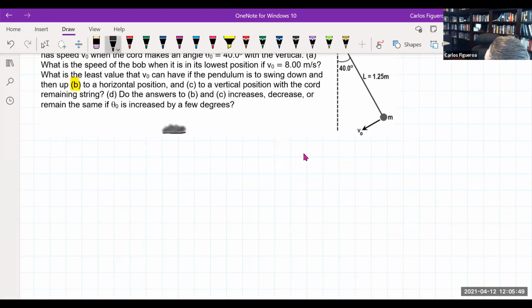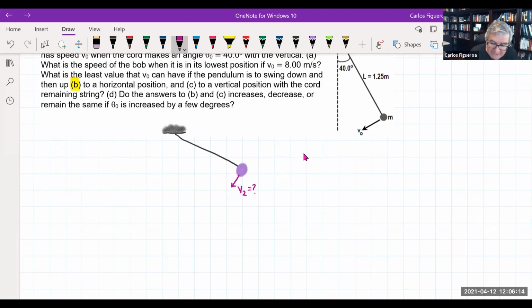And so I'm going to have something that goes like this. And then here's my bob. And what I want to do here is take this thing and push it here. Now I used v initial and then I used v1. So now I'm going to call this v2.